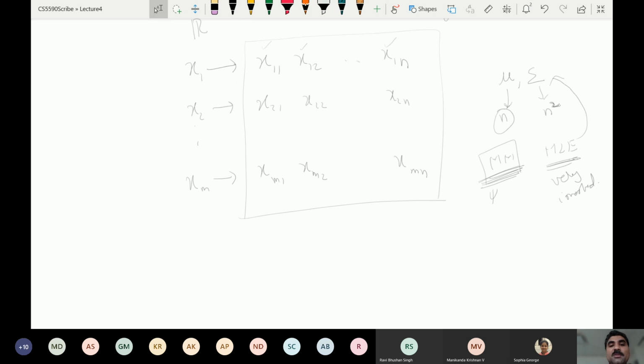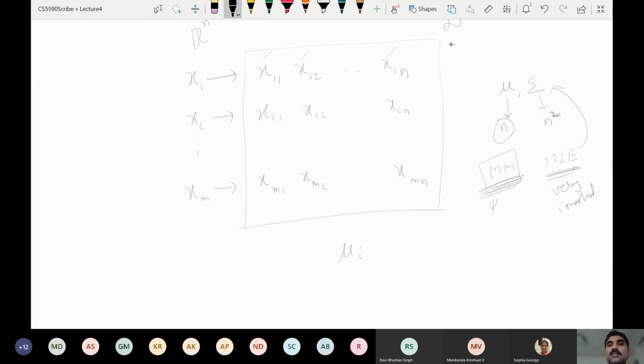And once you use method of moments, what will be the estimate for these means and covariances? So let me write it down. How will you get the ith entry for the mean? Anybody? What should I do in this data table, in this matrix, to get mu i? Ith column or ith row?